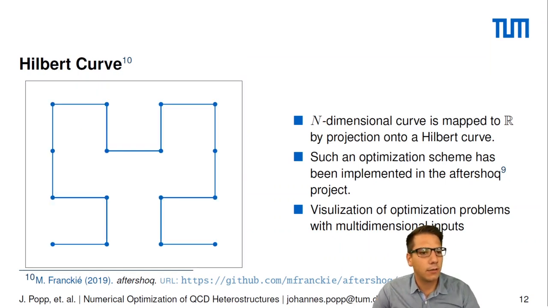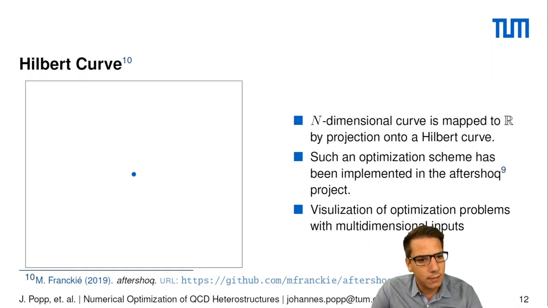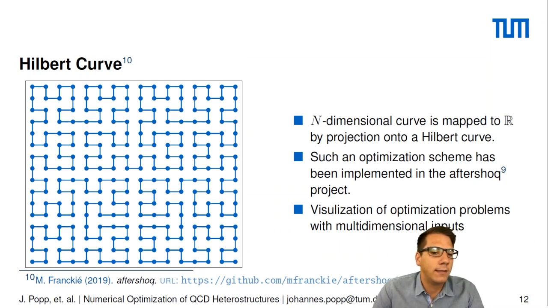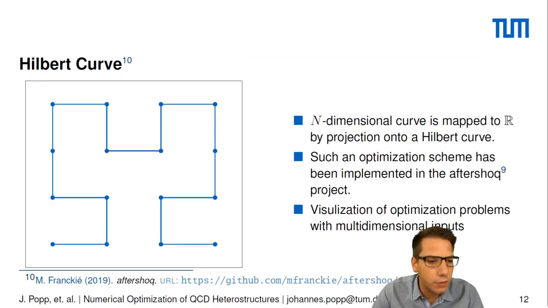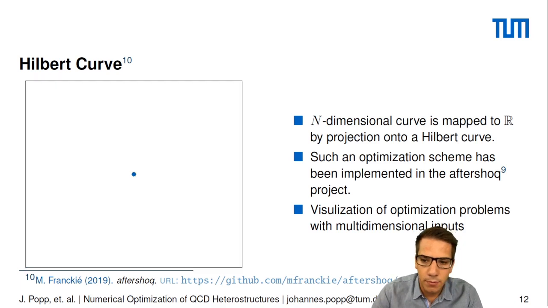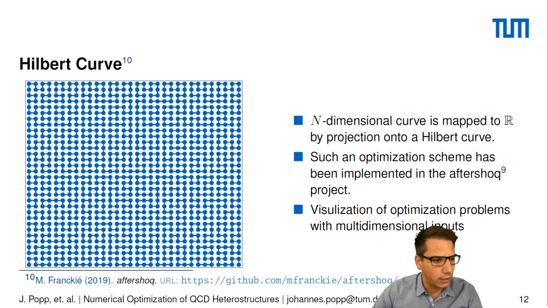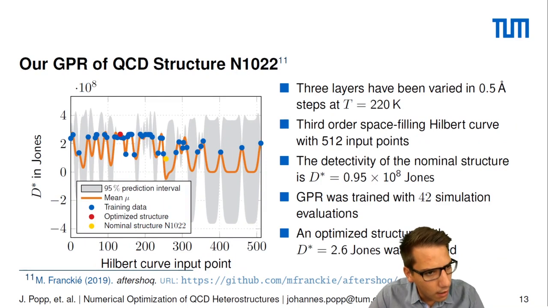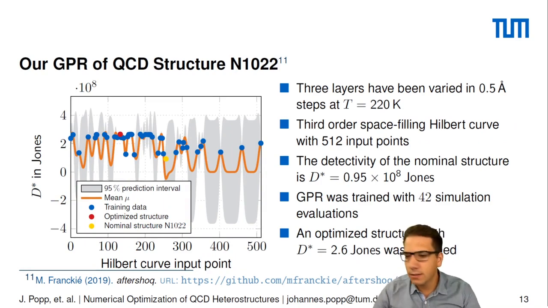The Hilbert curve maps an n-dimensional curve to R, and this is implemented in the Aftershock project, which is a project by our colleagues from the ETH. So here are the results presented in the abstract. We have varied these 3 aforementioned layers in 0.5 angstrom steps at a temperature of 220 Kelvin, where we have a good match to the experimental results.